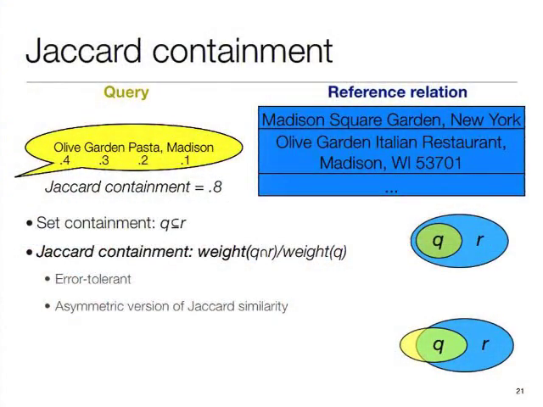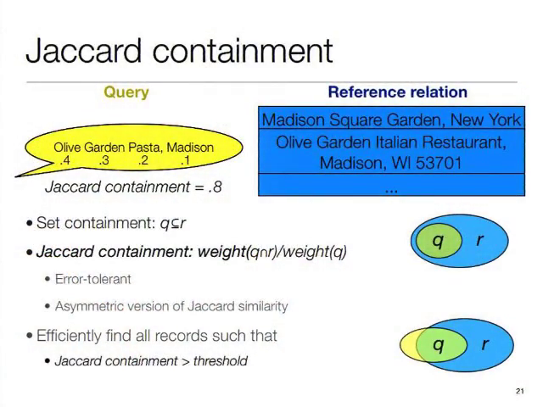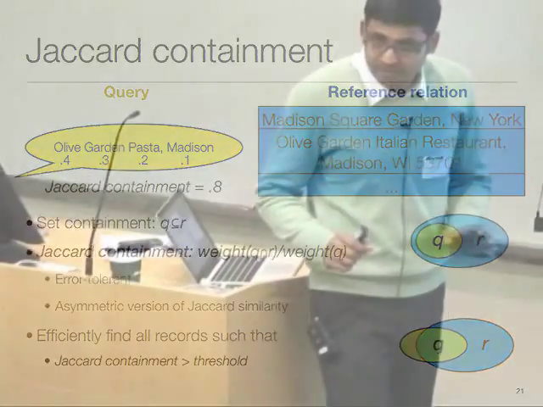Another way to think about this is an asymmetric version of Jaccard similarity, because we are now penalizing only by the size of the query, not by the size of the union. So we are not penalizing for large records in the reference relation in doing our similarity. So the problem of fuzzy lookups is to efficiently find all records such that the Jaccard containment value is beyond the threshold. That's our lookup problem.